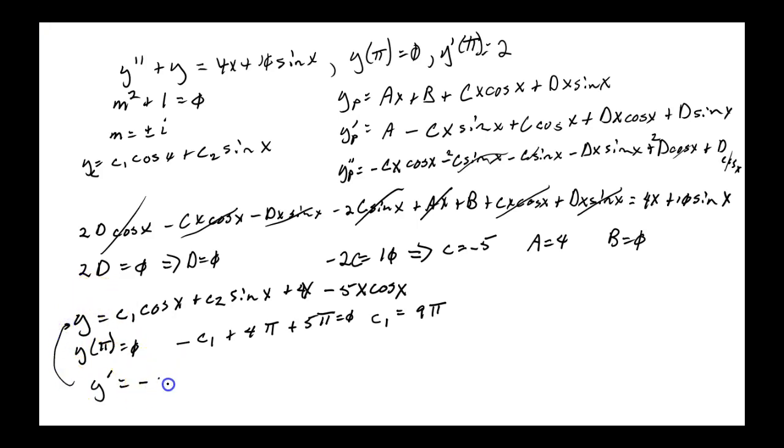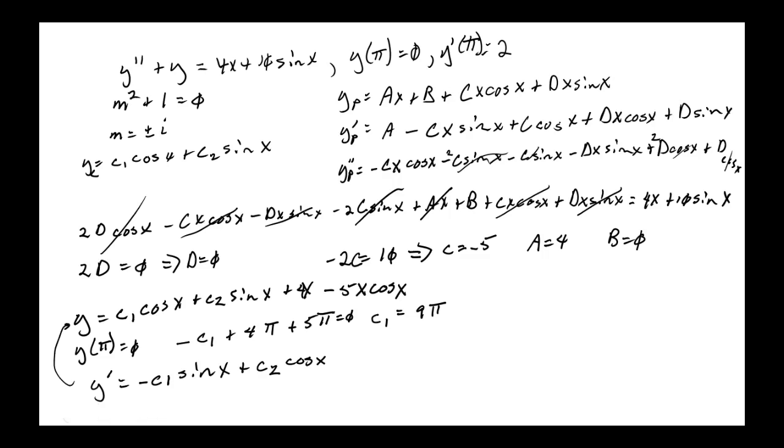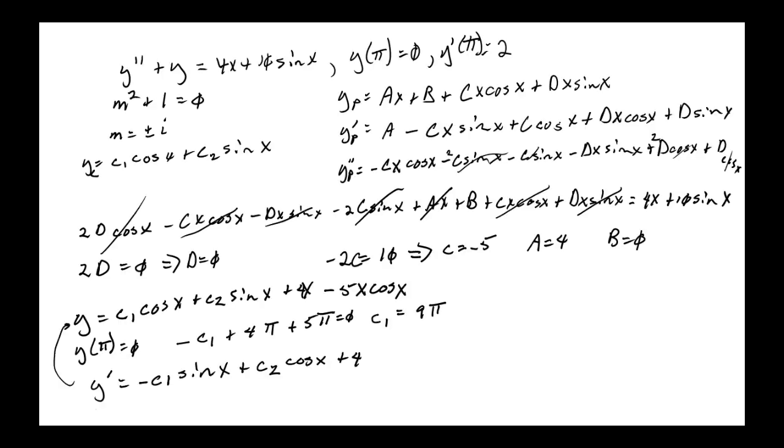Negative C1 sine x. My pen is really slow. Plus C2 cosine x. Plus 4. We're taking a derivative.